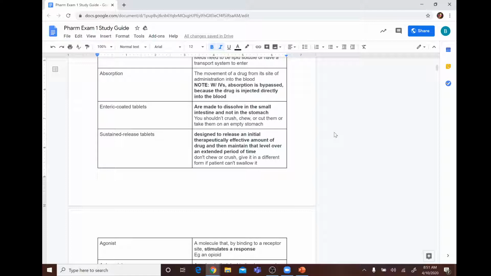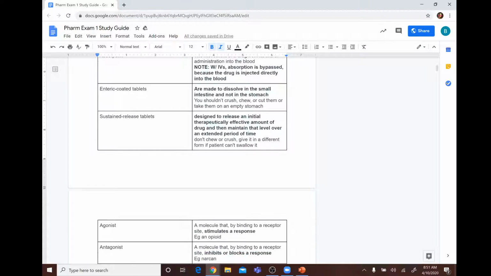What are sustained release tablets? They release a certain amount over an extended period of time. And you don't want to crush, chew, or give a different form if the patient can't swallow.